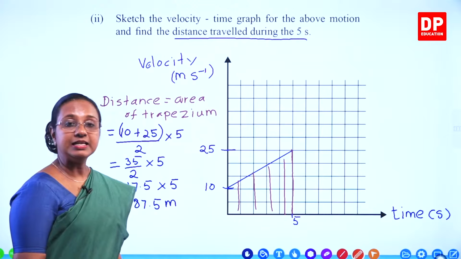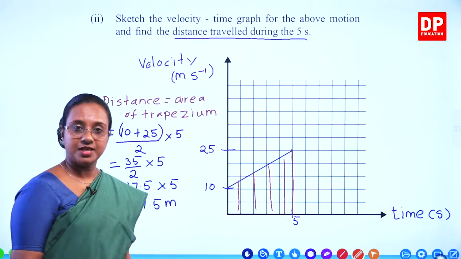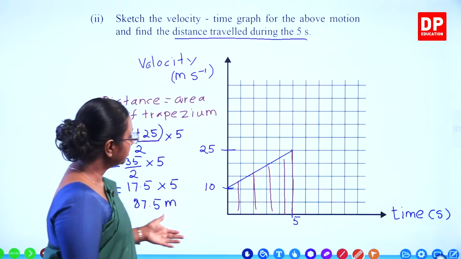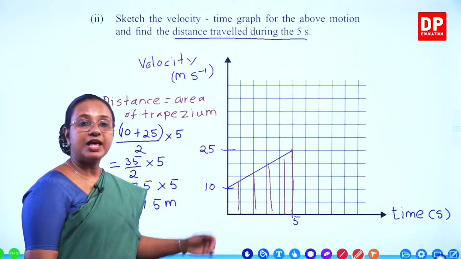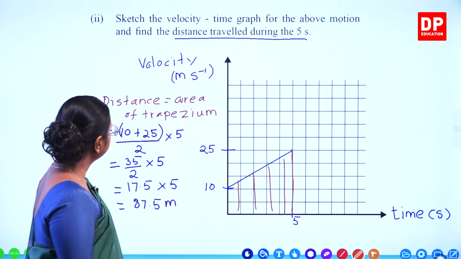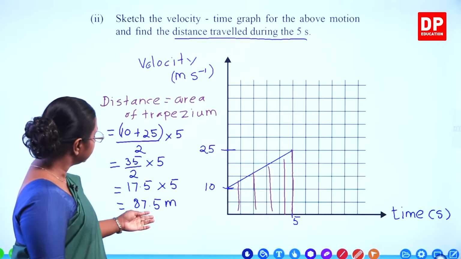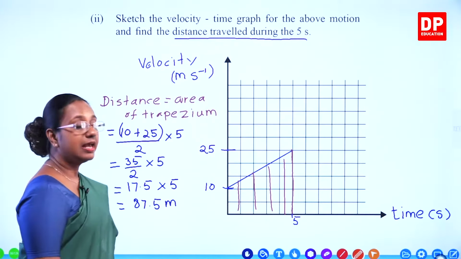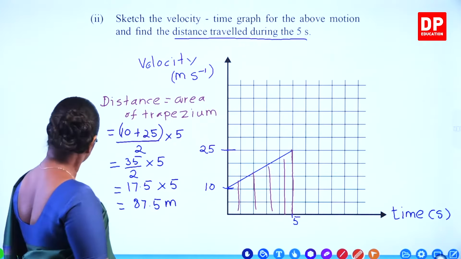So that is the distance traveled during the 5 seconds. So remember students, the area under the curve, that is the area of the trapezium. And we have calculated the distance traveled as 87.5 meters. Now the next question.